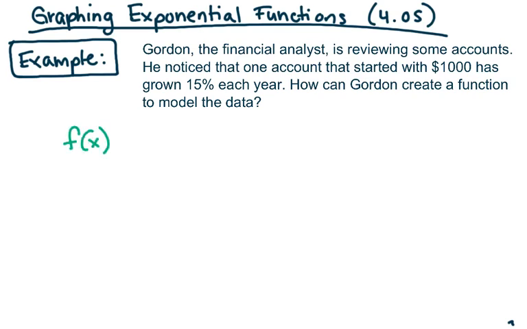Because it's growing each year by a specific rate based on the previous year, it's not growing at a steady rate, or the same rate every single time. And so we know we're using an exponential function. Just to review, we have our function f of x equals P, which is our principal or our starting amount.